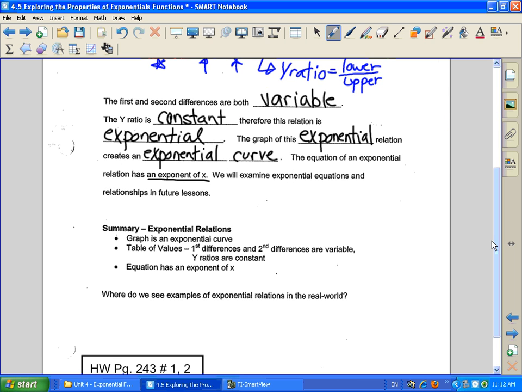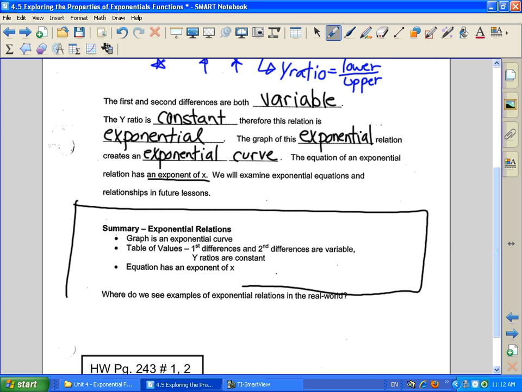Let's just summarize what we know. I'm going to add one other thing in here as well. So leave a little line in here, okay? All right, so what do we know? The graph is an exponential curve and there is an asymptote.